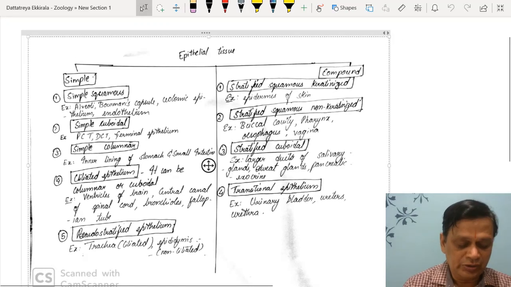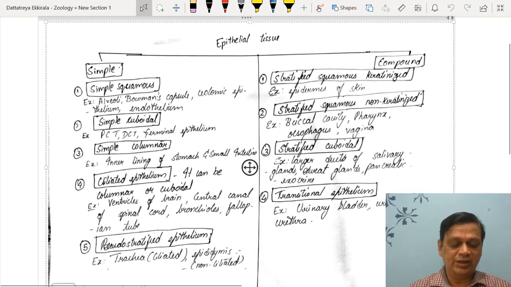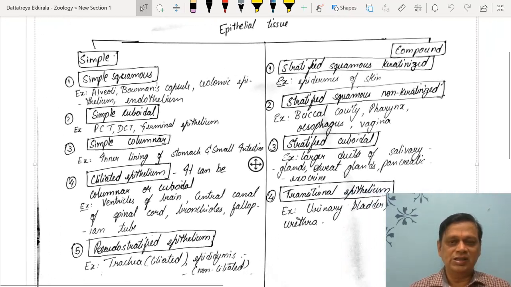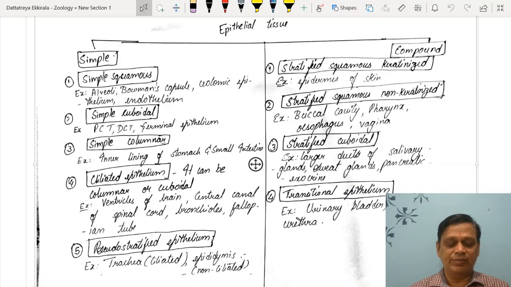So look here, in simple epithelium, a single layer, all the cells are resting on the basement membrane. You keep that in mind. They can help in functions like secretion, absorption, diffusion, filtration, or sometimes sensations, but not as a protective layer like compound epithelium. Right.